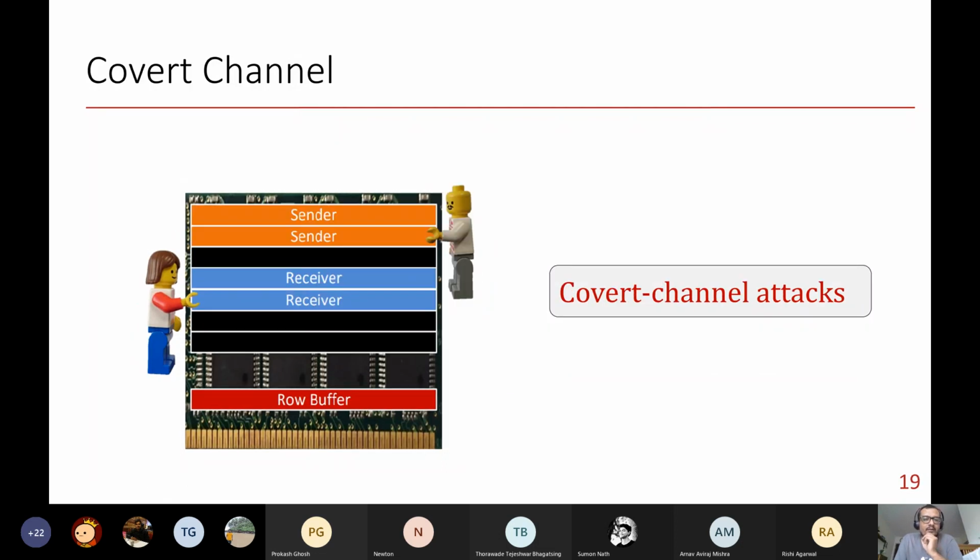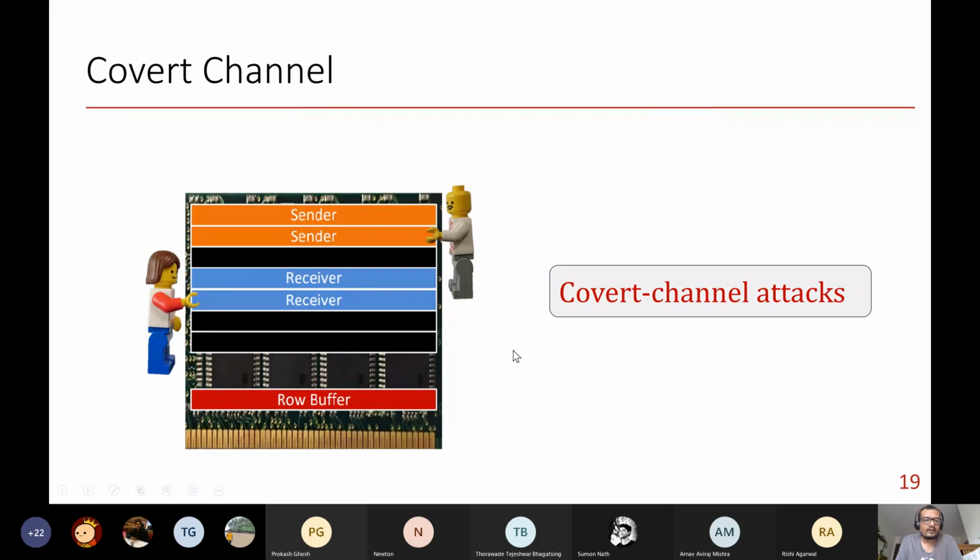Similarly, you can create a covert channel if you want to communicate ones and zeros, right? You can make an agreement with the process with whom you want to communicate the data, even if you are not supposed to, based on the latency here. You will say that if you get a row buffer hit all the time, that means I am trying to communicate one.